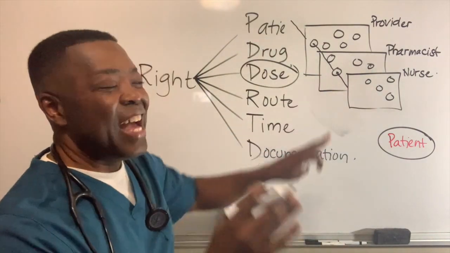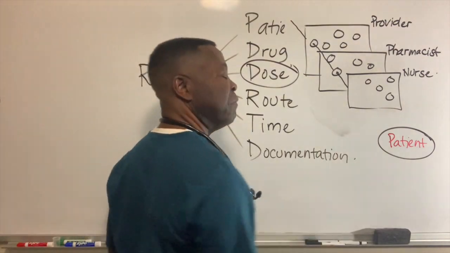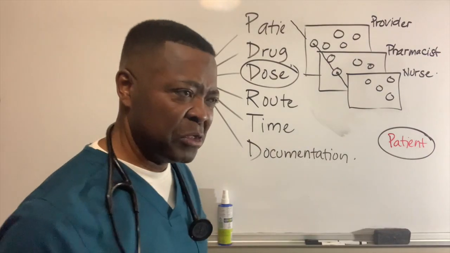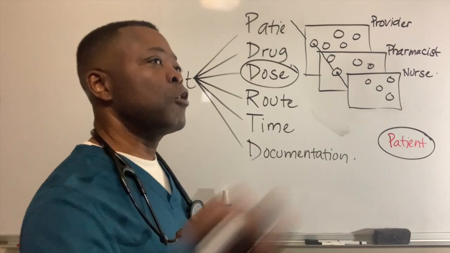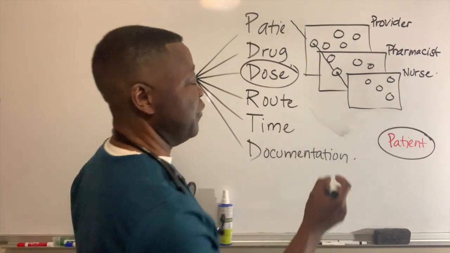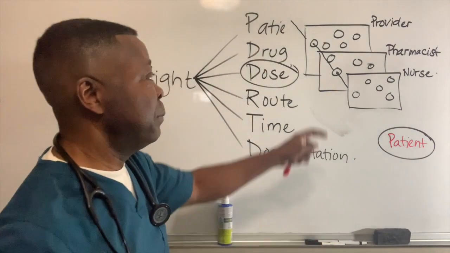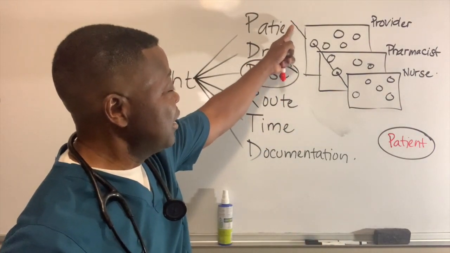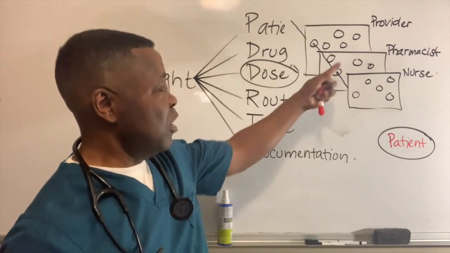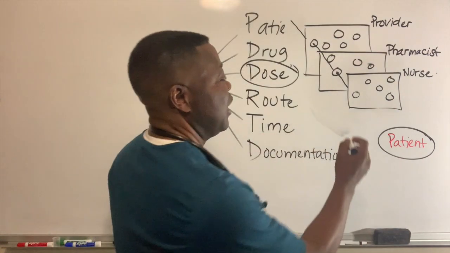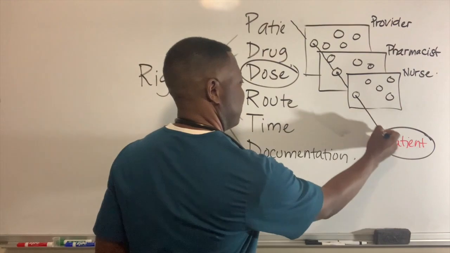The nurse is the last layer. Your weakness can be that you think whatever the doctor orders is fine, or that if there was a problem, the pharmacist would have caught it. That's a weakness. If all the weaknesses line up, you see what happens? This adverse action crosses the provider, it crosses the pharmacist, and if you don't catch it, it crosses the nurse and reaches right into the patient.